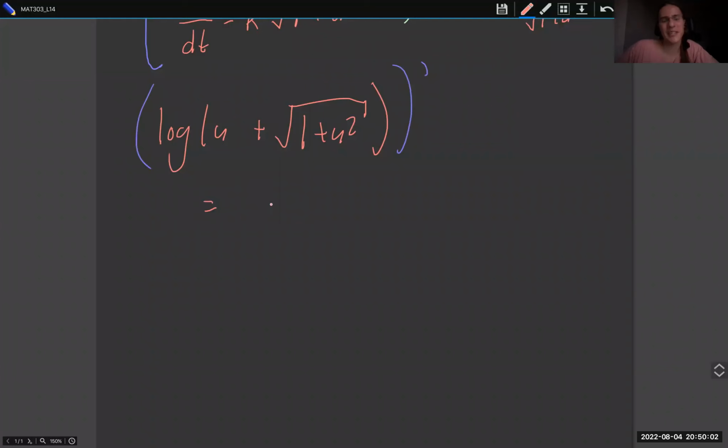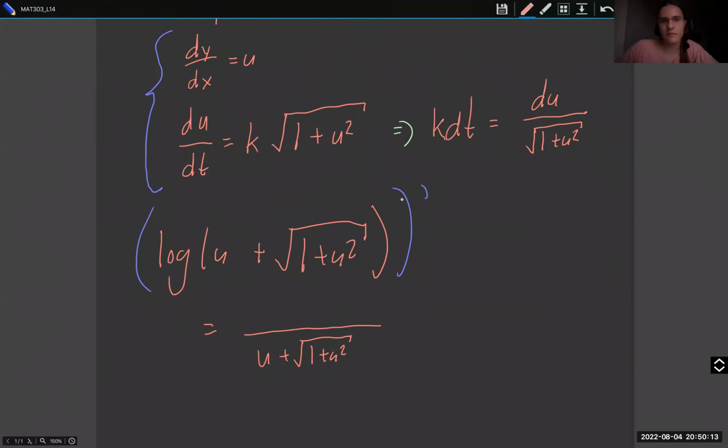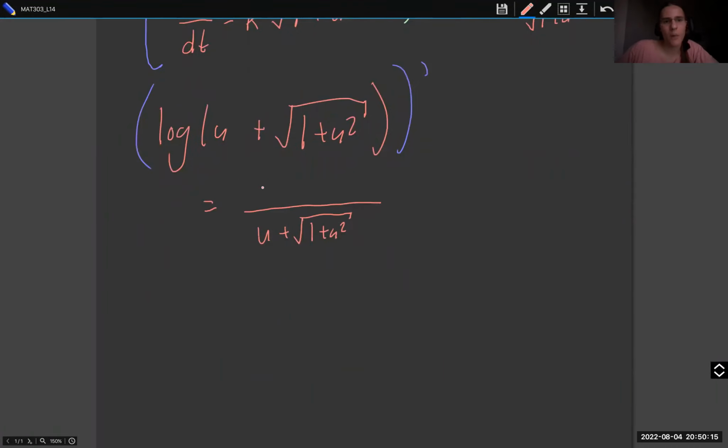So if we differentiate this, by chain rule we're going to get 1 over u plus square root 1 plus u squared, times the derivative with respect to u of the inside. Here we get 1 plus, so that's going to cancel, and then we get u over square root 1 plus u squared.